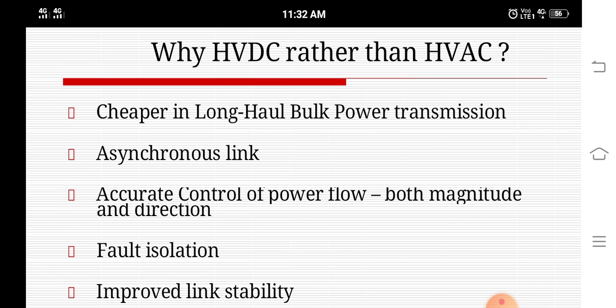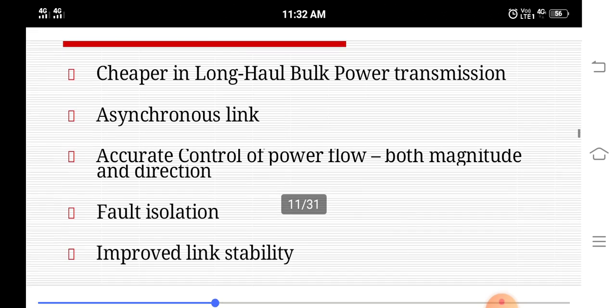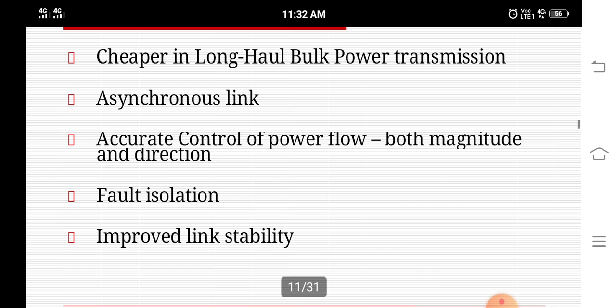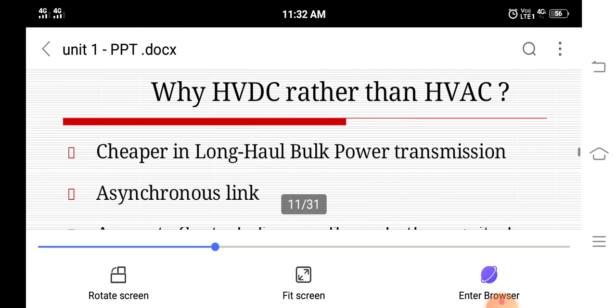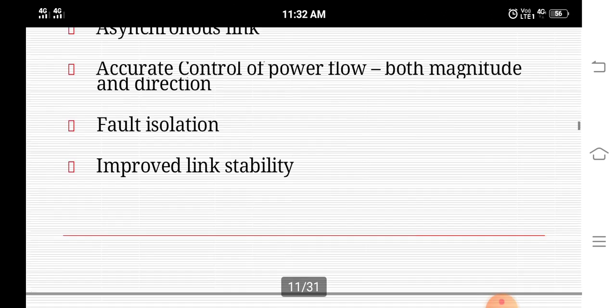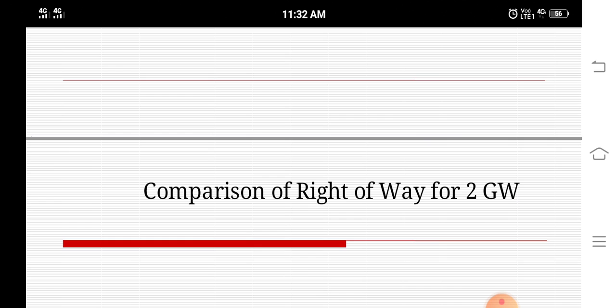Also, accurate control of power flow, both magnitude and direction. Fault isolation is also available. This provides improved link stability. So comparatively, HVDC is more preferable for long transmission lines.